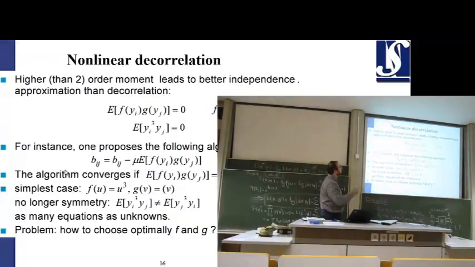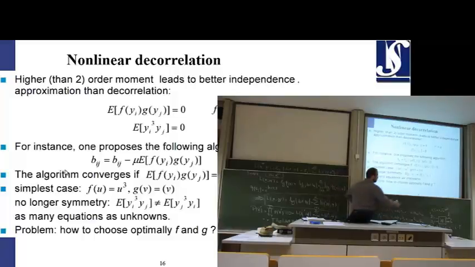For example, if one signal is yi and the other is yj, like here y1 and y2, they tried to decorrelate yi cubed and yj, or the other way around, for something where they can write down exactly what that expectation is.